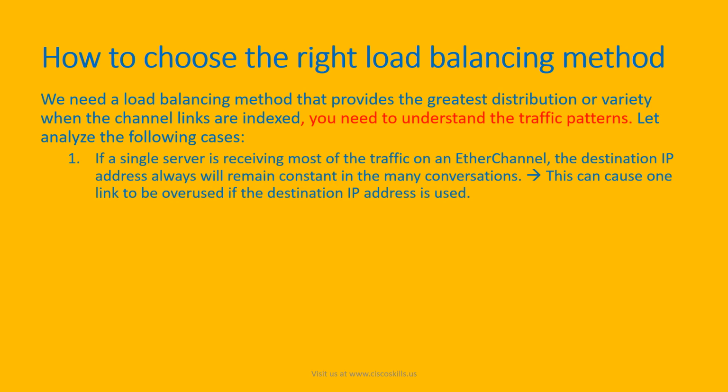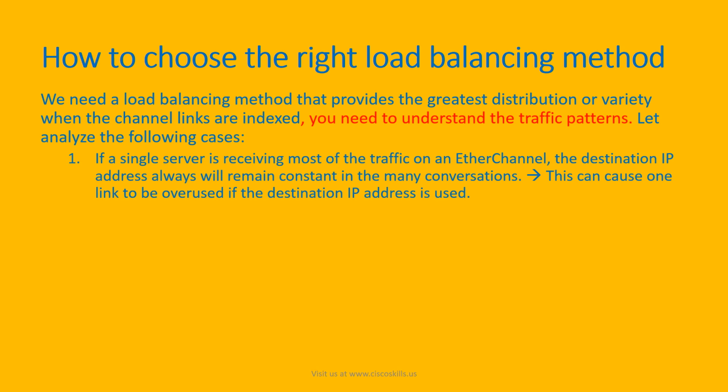The first case is when a single server is receiving most of the traffic on an EtherChannel. You could imagine that there are a lot of computers trying to access or upload files to a server, and of course in that case the destination IP address always remains constant in many conversations because it's the same destination IP address of that server.